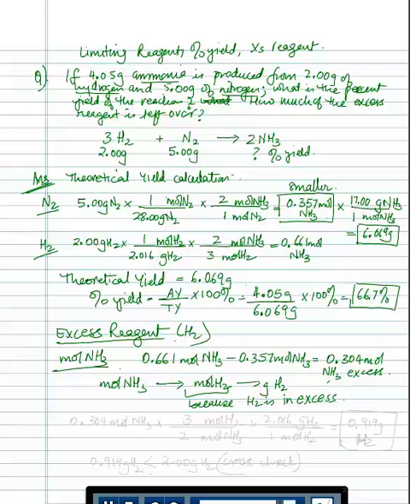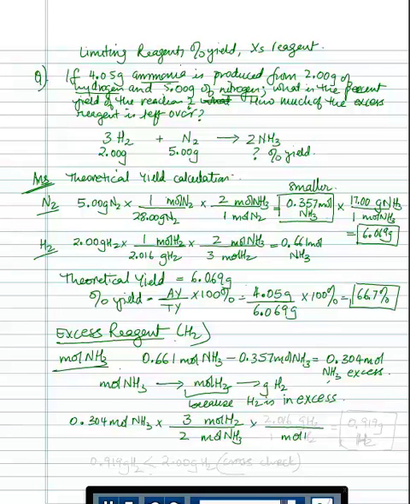Okay, so then we take moles of ammonia, which is 0.304 moles NH3 times the mole ratio. So we're calculating for moles of hydrogen, okay, so moles of ammonia goes down here, hydrogen goes up there, and our mole ratio is 3 moles of hydrogen to 2 moles of ammonia coming from the balanced equation.